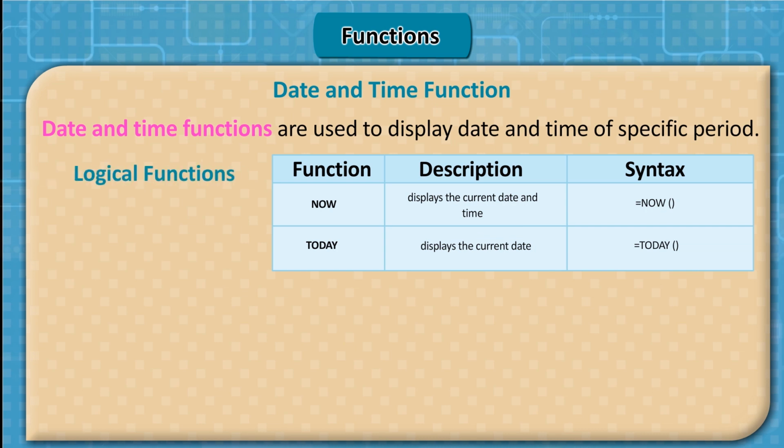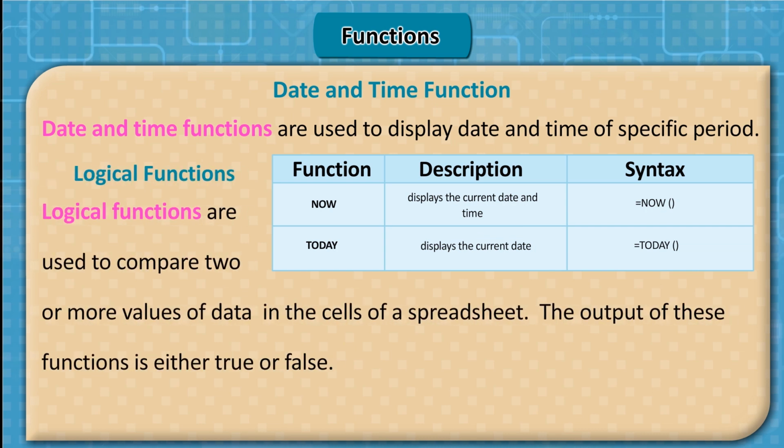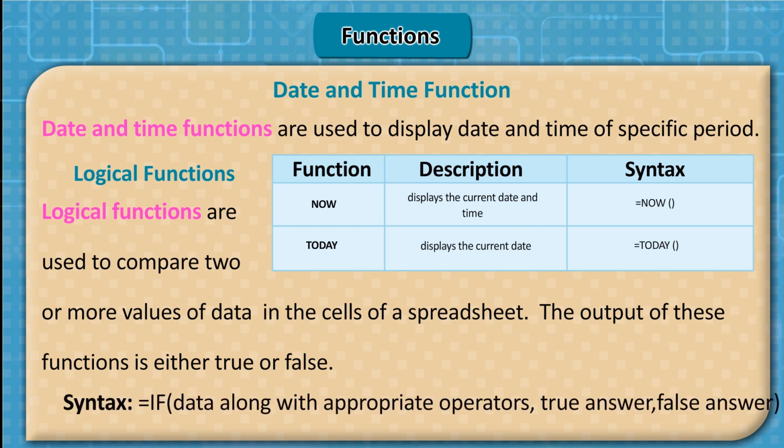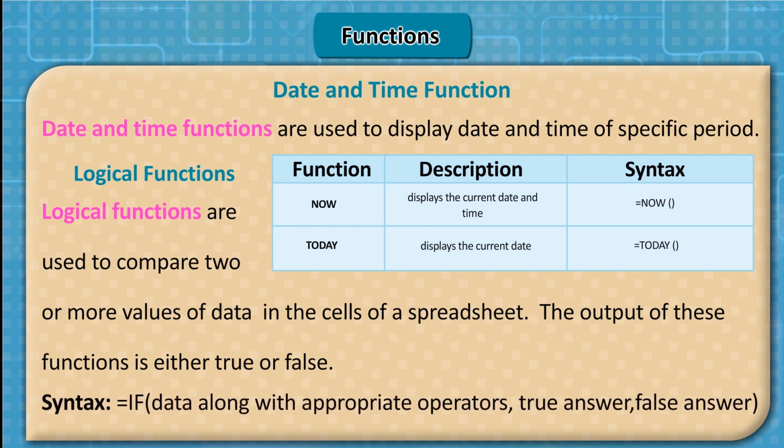TODAY(). Logical functions. Logical functions are used to compare two or more values of data in the cells of a spreadsheet. The output of these functions is either true or false. Syntax: IF(data along with appropriate operators, true answer, false answer). Use of the IF function.